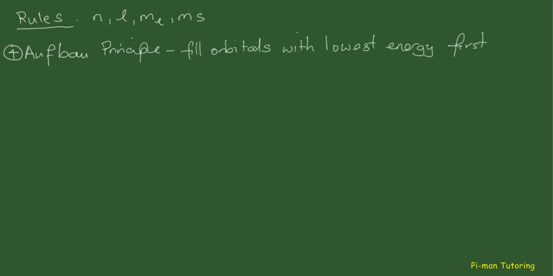Now you might think that simply means filling up according to the n values, but it's not quite as simple as that. And the best way to deal with this is to memorize this simple table. So we have the n equals 1 level, and that's an s orbital only, and it can accommodate 2 electrons.